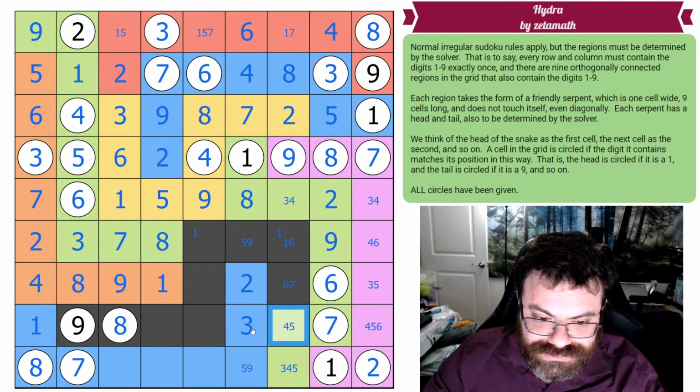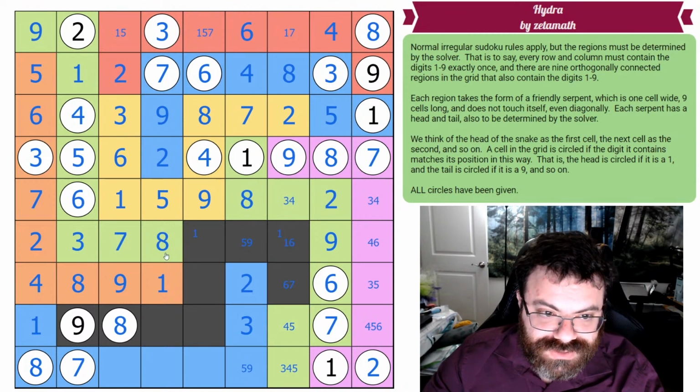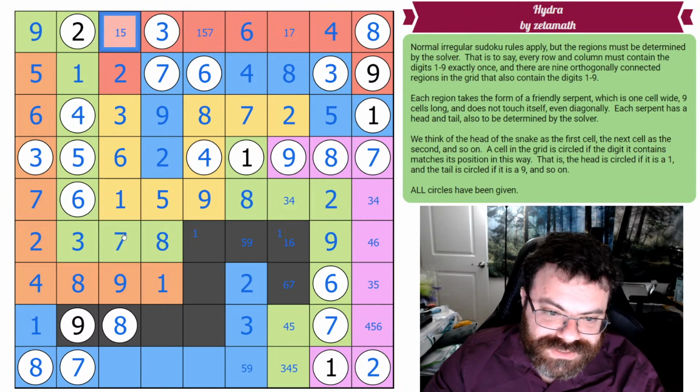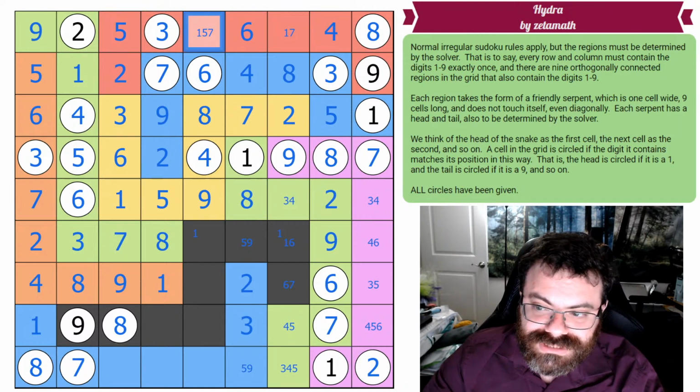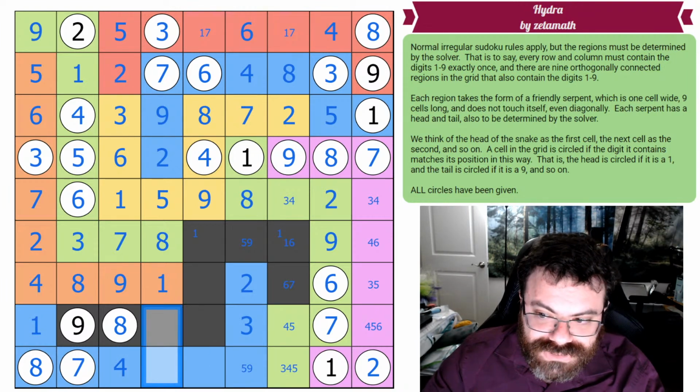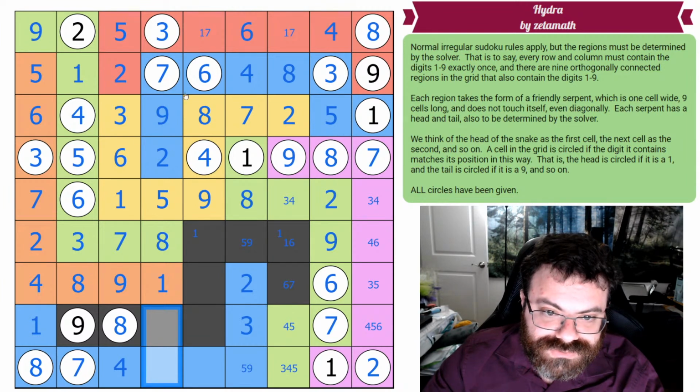That's not 3. We're so close. Oh, this is 1 or 5. So this is 5 and... wait. No, it's not 1 or 5. I was trusting this pencil mark. This is a 5. What's actually missing here? 4. These two are, let's see, 1, 2, 3. We need 4. Goes here, and that's a 6.